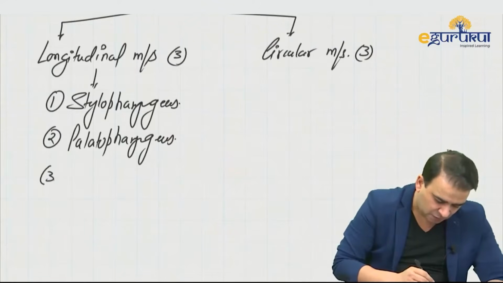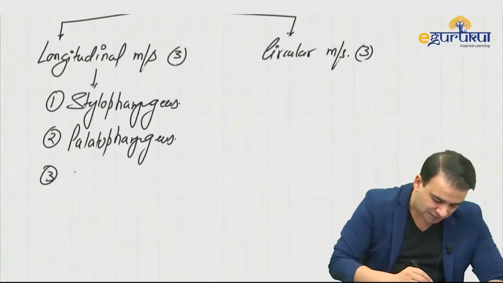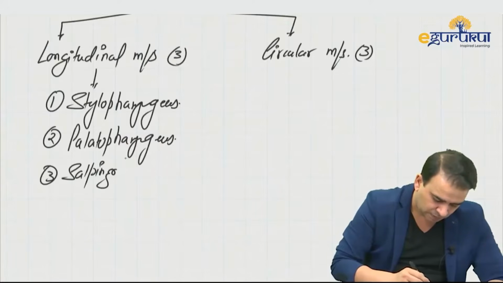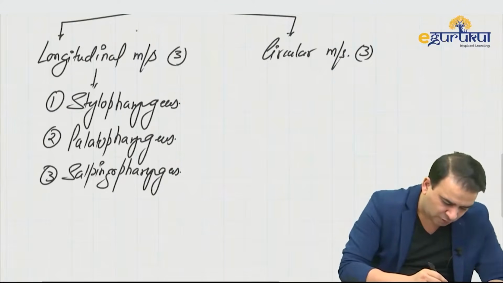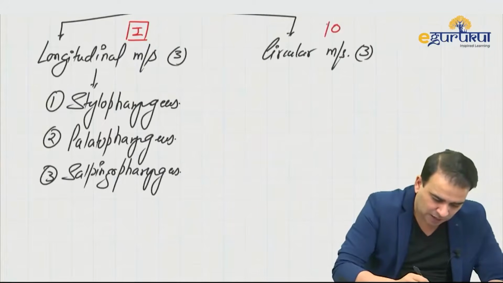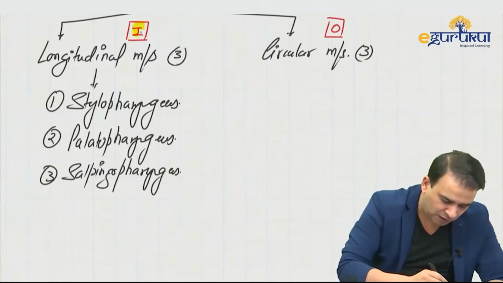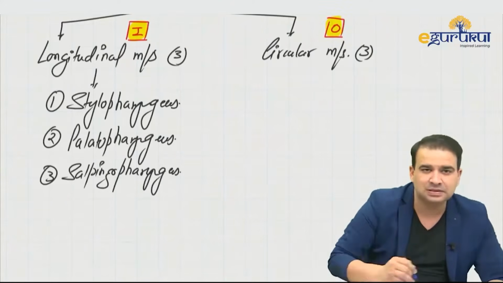And then we have the muscle coming from the auditory tube, that is salpingopharyngeus. So all these muscles are present inside. So longitudinal muscles are inner, and circular muscles are outer. Just remember ILOC: inner longitudinal and outer circular muscles.